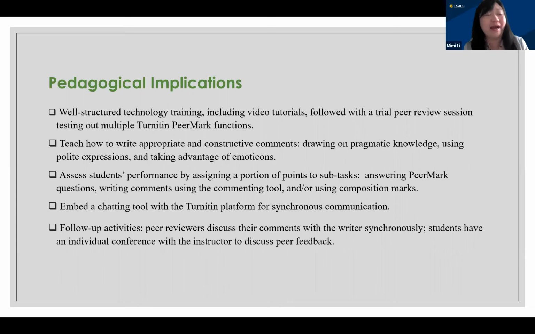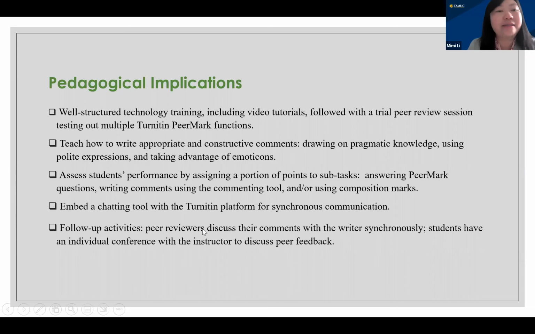Remember I mentioned that students feel this is not face-to-face, and they tend to give very critical feedback, but when students read the feedback, they may feel, oh, they are really not polite, right? So we are trying to let them use their pragmatic knowledge and take advantage of emoticons, which are important features in the online setting.